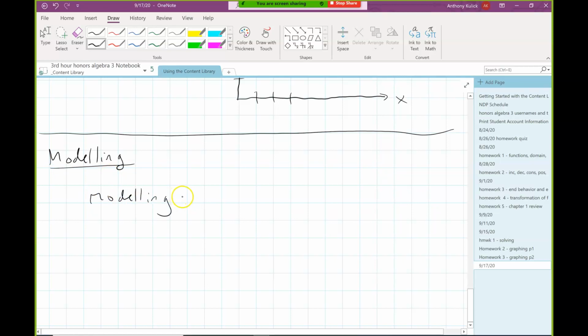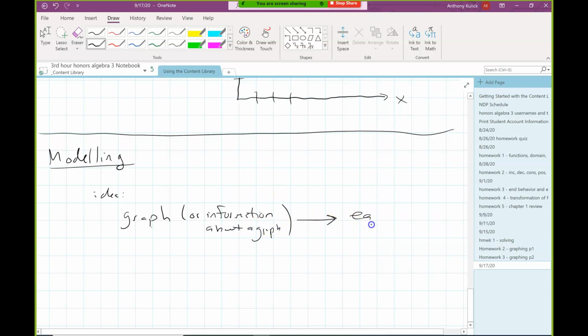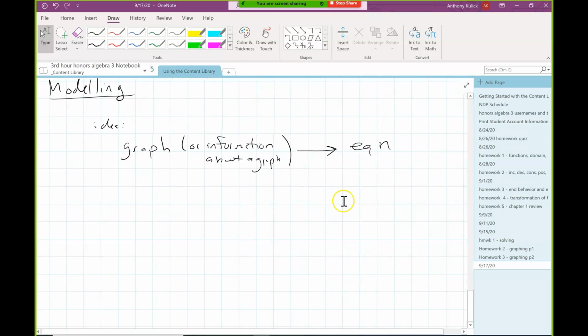So modeling, the idea here is we're going to go from a graph or information about a graph to an equation.